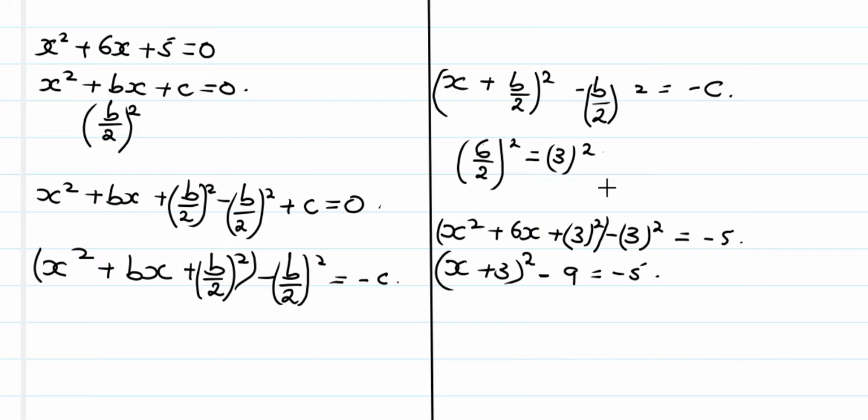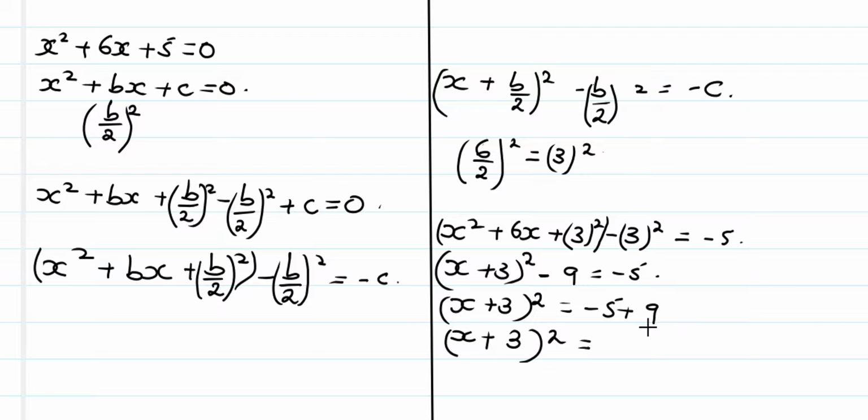Now, since I have a 9 here, I can take it to the other side, and I have x plus 3 squared equals negative 5 plus 9. So x plus 3 squared is negative 5 plus 9, which is positive 4.